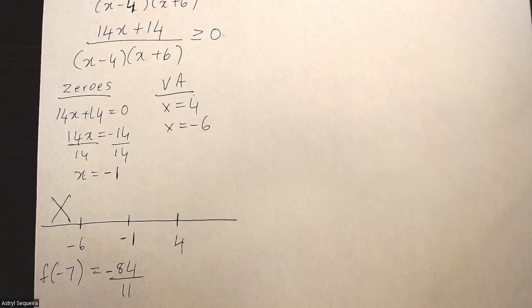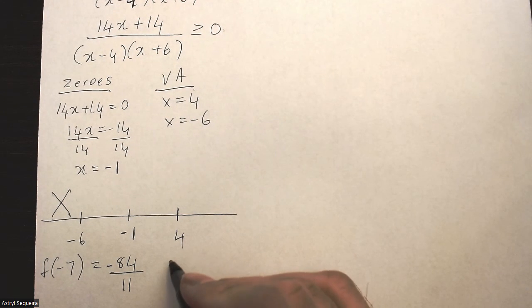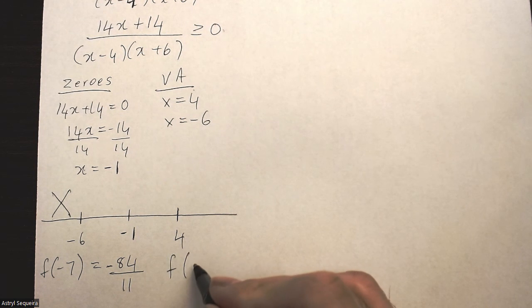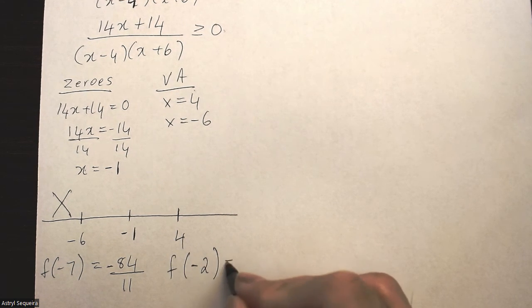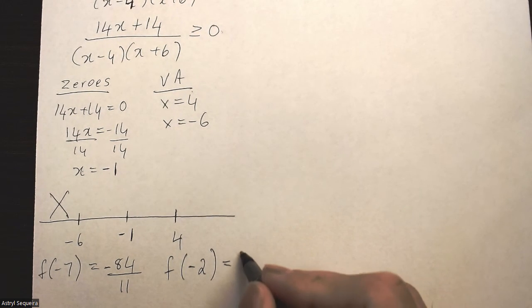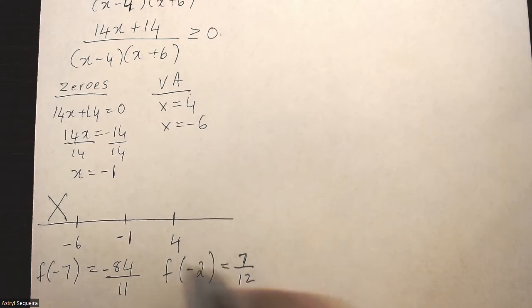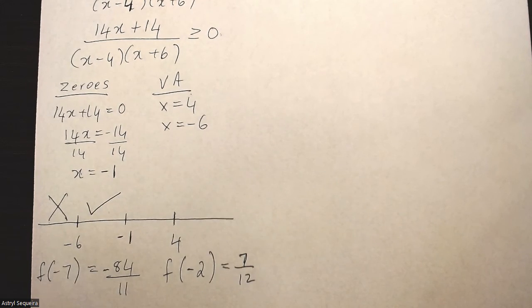The next interval, I'll pick a value between these two. So I'll do f of -2, which is 7/12, and 7/12 is greater than 0, so this interval here is good.